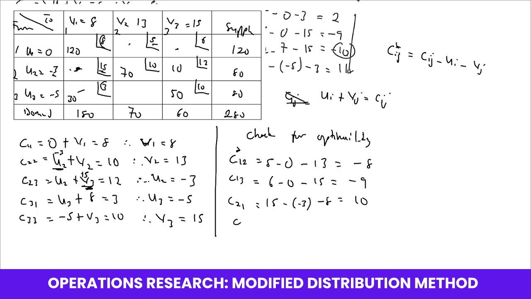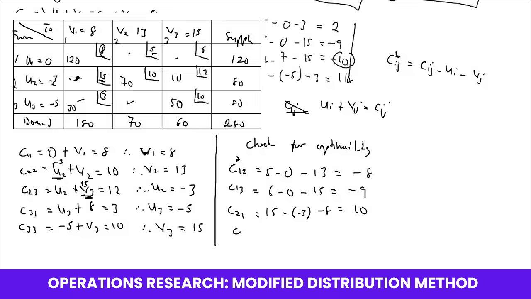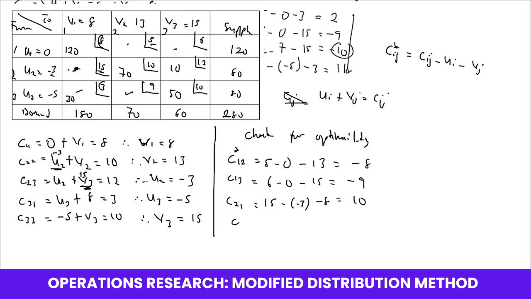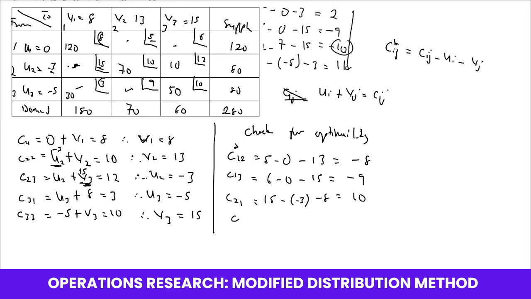We are going to do that for the next unallocated cell, that's here. So I didn't write the Cij value. Let me check. Above, that's 9. So our Cij value, sorry, C32 is 9 minus the U value, that's minus 5.